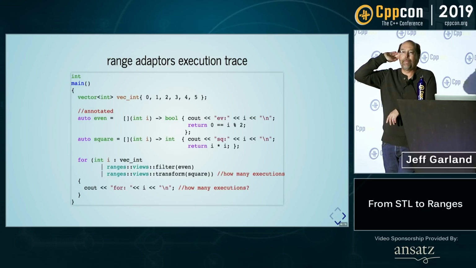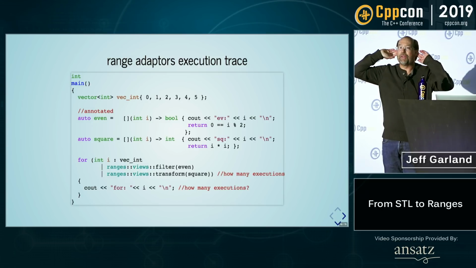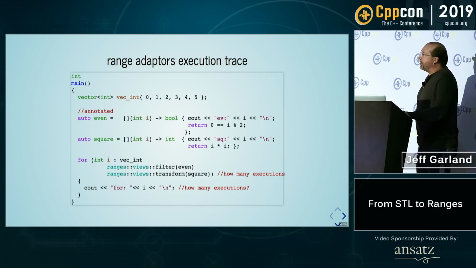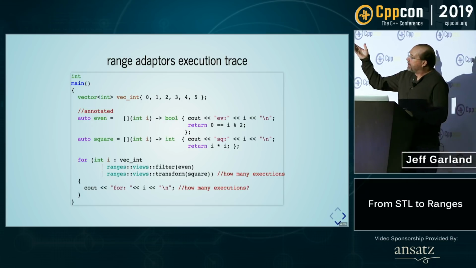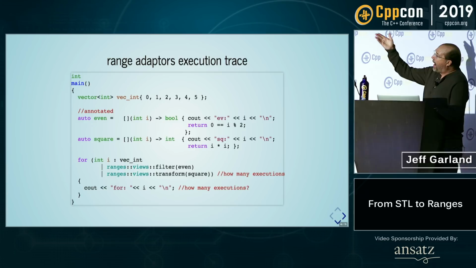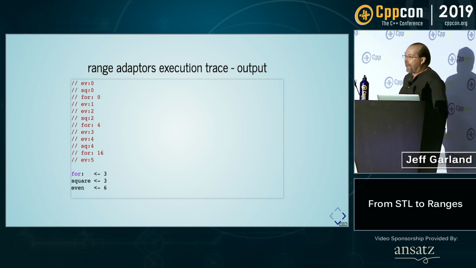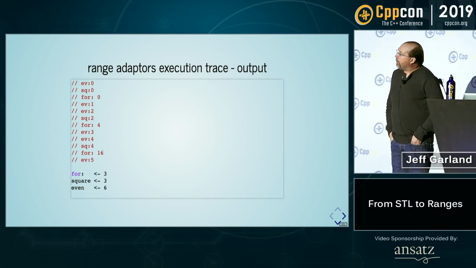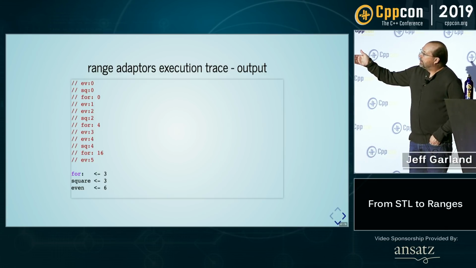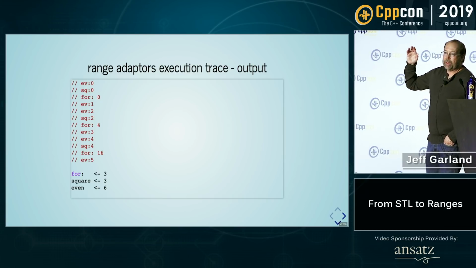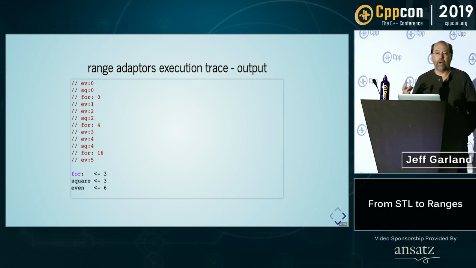Shout it. 3. Correct. So this does exactly what you expect. I've annotated the lambdas to print out either EV when it's in the even or square. And if you run this program, what you'll see is exactly what you expect. Even is called 6 times. Square is called 3 times. And you drop into the for loop exactly 3 times.